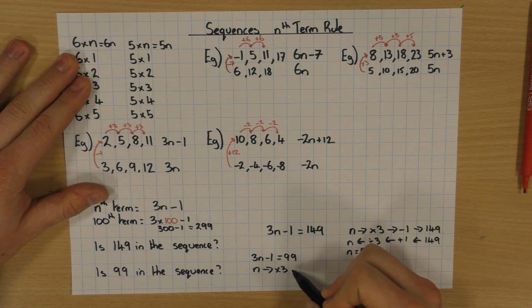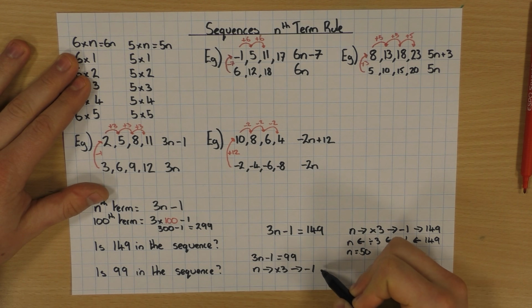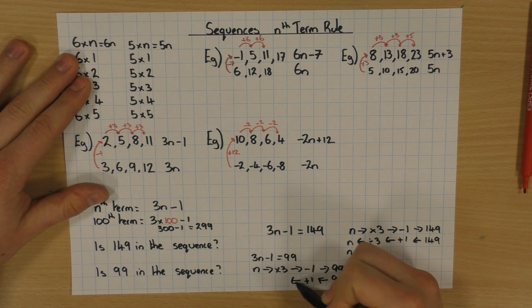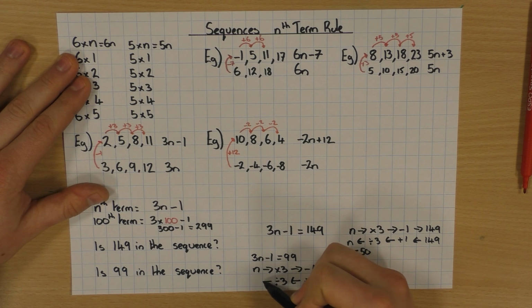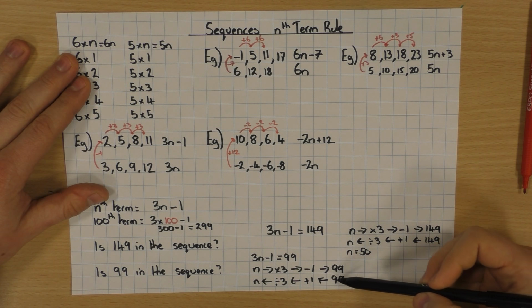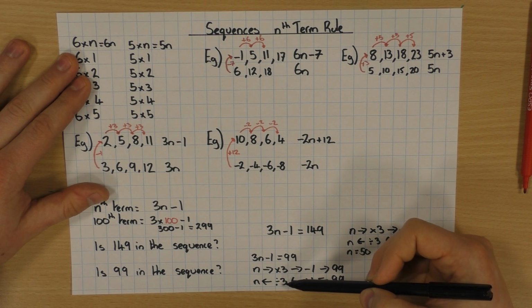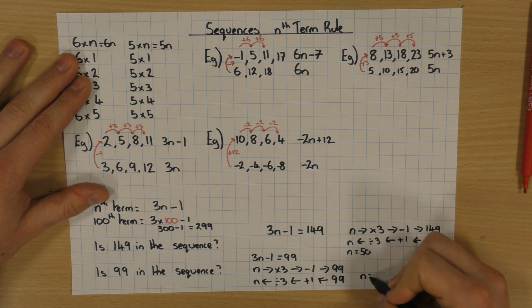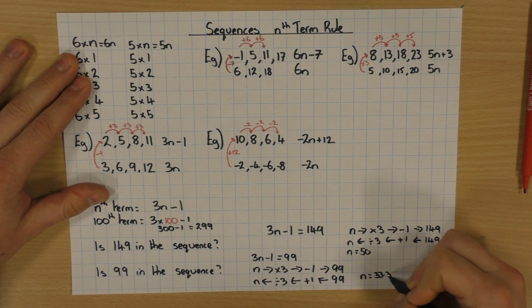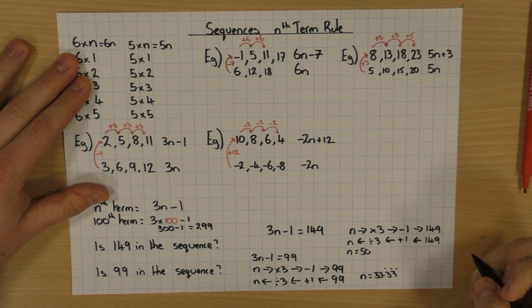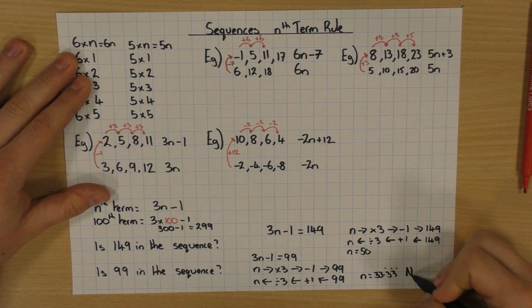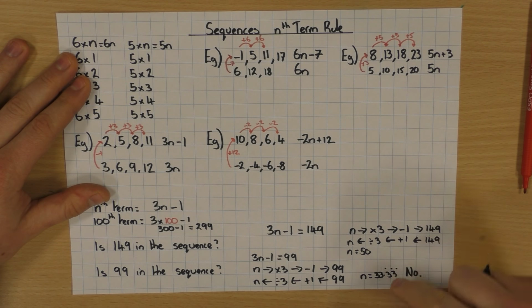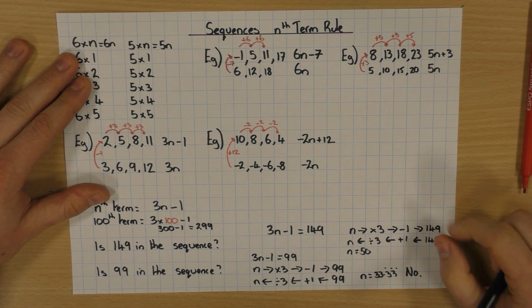N times 3, take away 1 is 99, go backwards, 99 plus 1 divided by 3, and we get back to n. So 99 plus 1 is 100, divided by 3, no, it's going to be 33.333 recurring. Okay, so no, this one is not in the sequence because n is not a whole number. Okay, and that's how you can prove if a number is in a sequence or not.